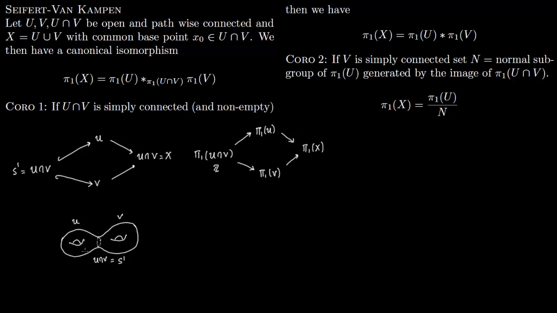So let us open this up. So the set u looks like this. So you have, say, side A here, and then say B goes from here, and then B goes from here.